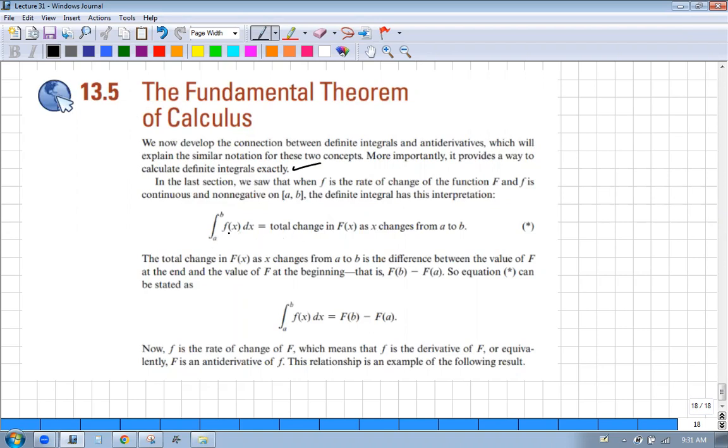Okay, so I just don't like the little f and big F stuff. It confuses me. I like to have one function. There's only one function going on. There's no need to give it more names, right? So they said little f was the change in big F, right?